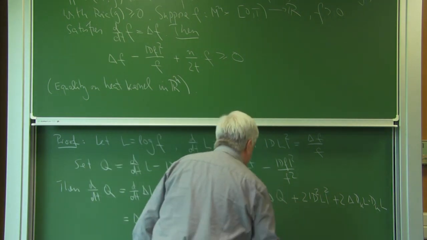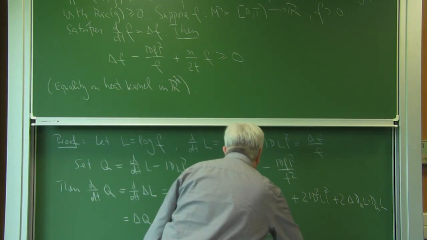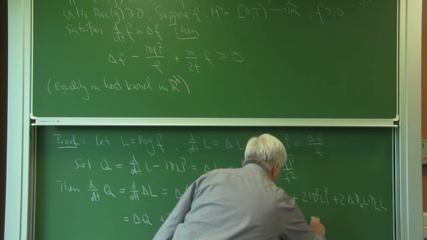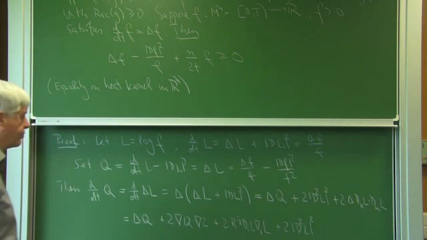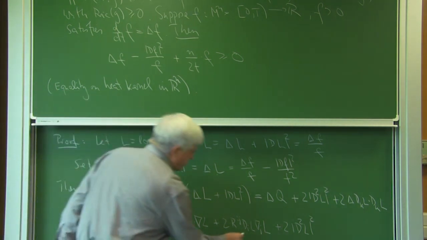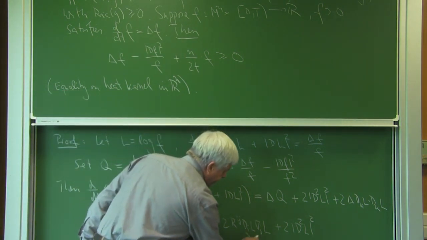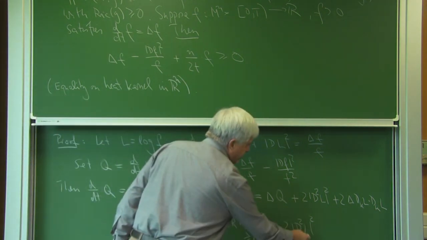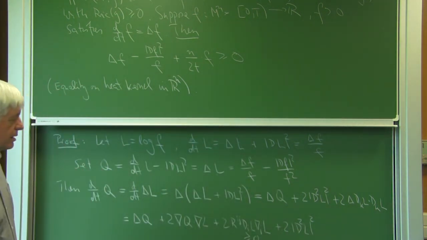And from here I get twice the Hessian of L squared. But now I use the fact that I have non-negative Ricci, throw this term away, and I estimate this from below by the square of the trace.